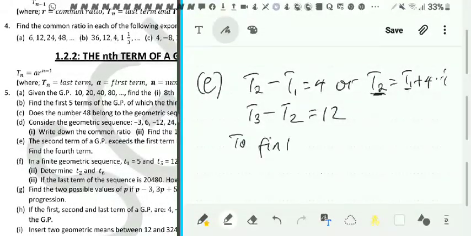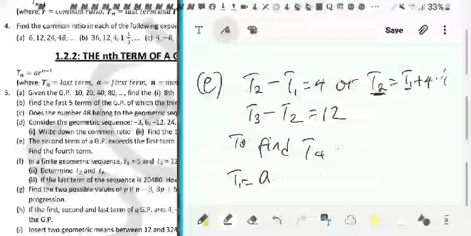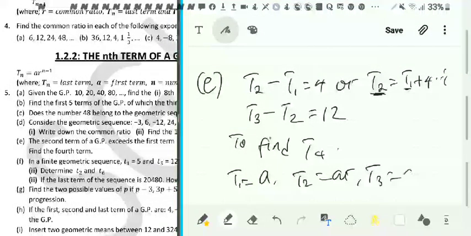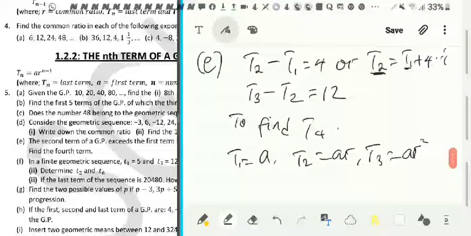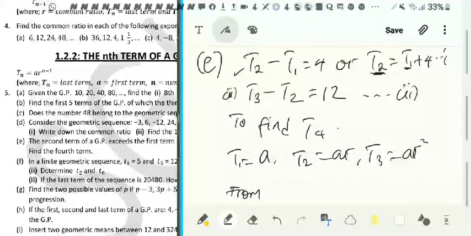To find T4, we know T1 is equal to A, T2 is AR, T3 is AR square. Okay, so let's call this one equation 2. This is equation 1, this is equation 2.